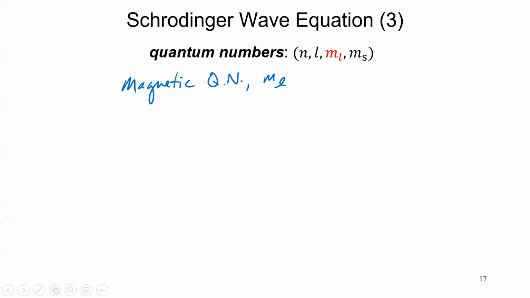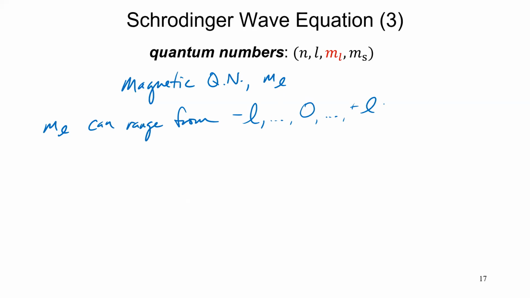And just like L depended on the value of n, m sub L depends on the value of L. And so m sub L can range all the way from negative L through 0 up to positive L. And so m sub L has a lot more options than L does.